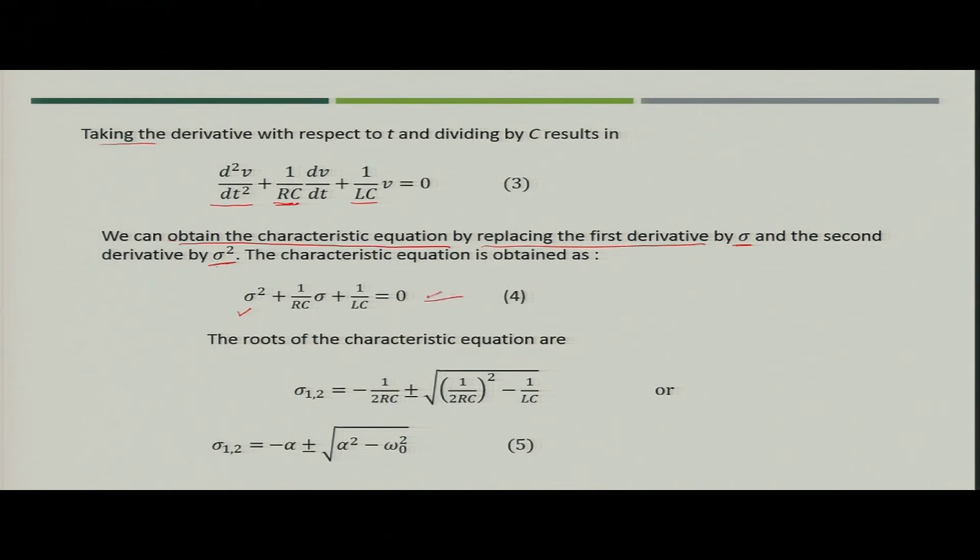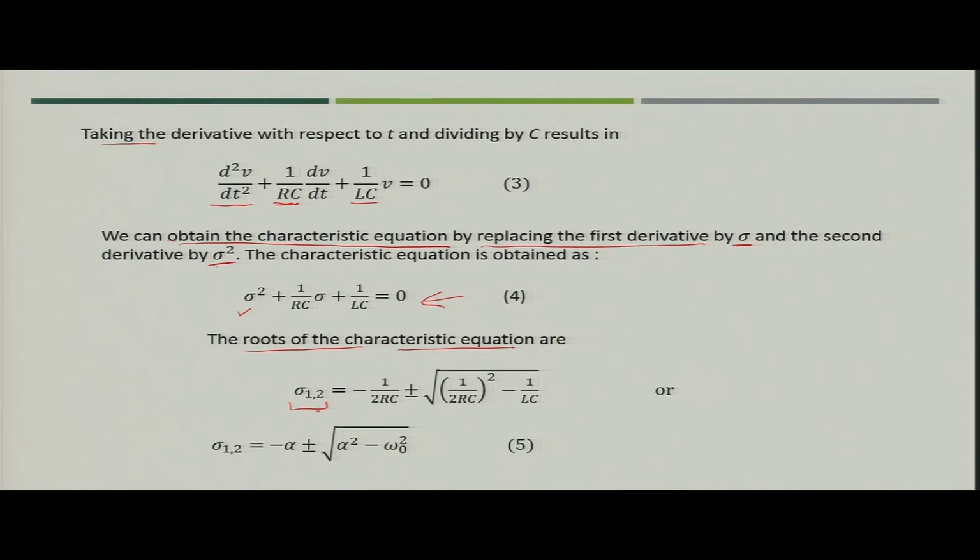Since it is a second order equation, you will get two roots of this particular characteristic equation. What would be the roots? Let us assume the roots are sigma 1 and sigma 2.